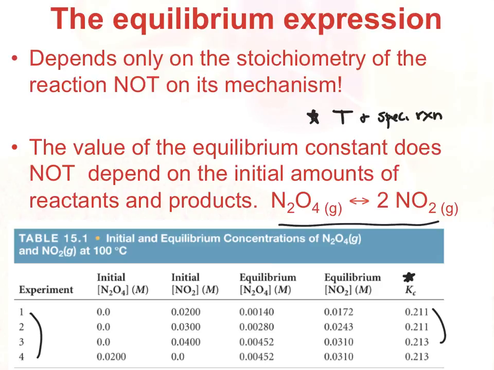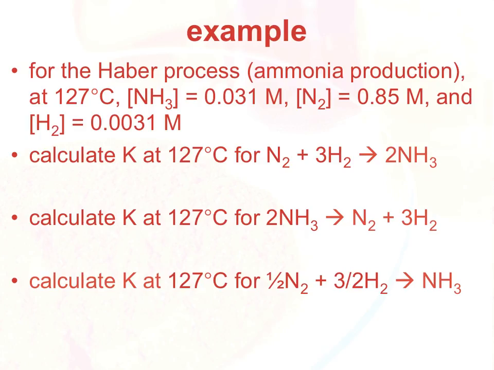Remember, temperature and the specific reaction are what determine our equilibrium constant, not the initial amounts of reactants or products present. We're going to write or calculate our equilibrium constants for each of the processes seen here using the concentrations above. What we're going to do first is write the equilibrium expressions for each of these reactions using the balanced chemical equations.